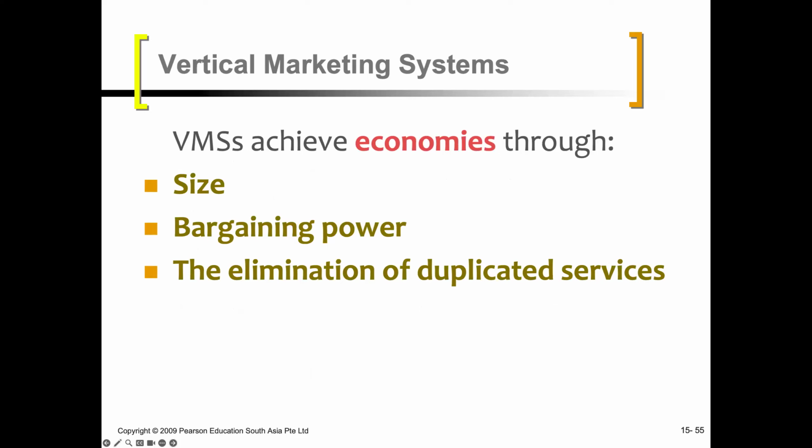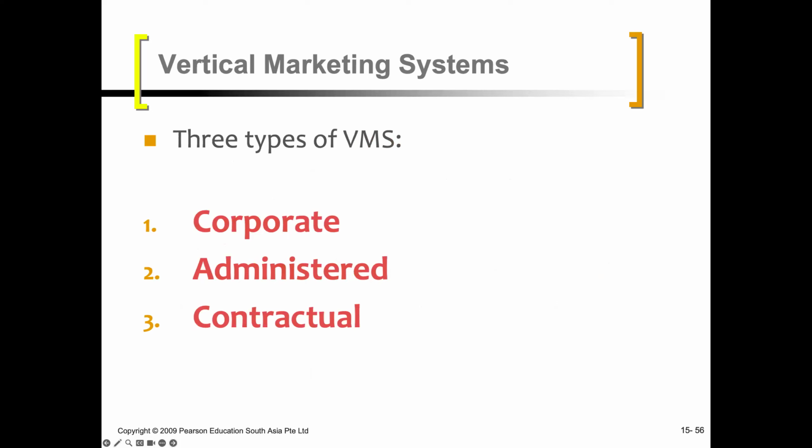Vertical marketing systems achieve economies through size, bargaining power, and the elimination of duplicated services. There are three types of vertical marketing system: first is corporate, second is administered, and the third is contractual.